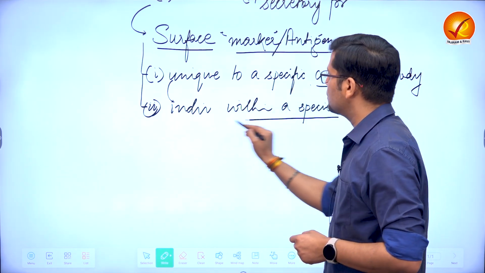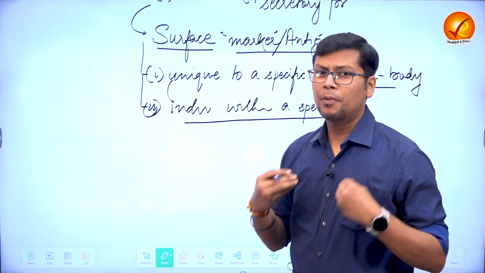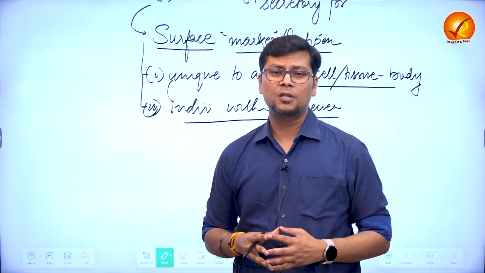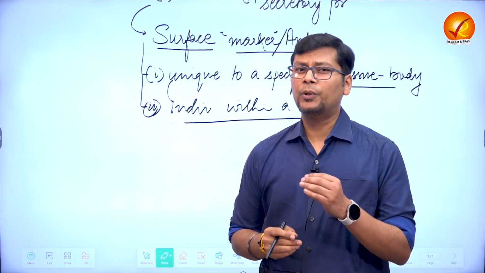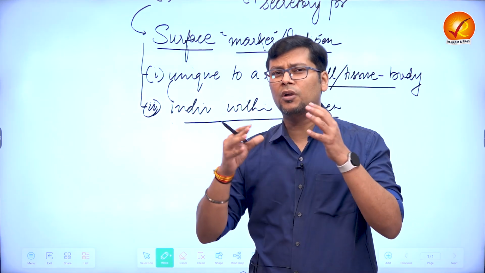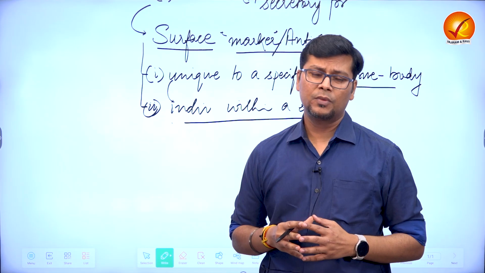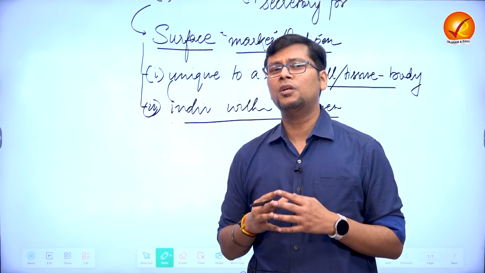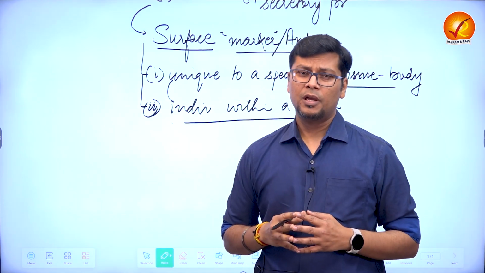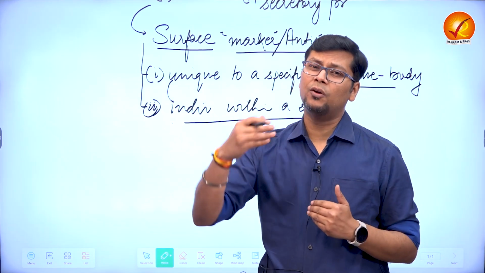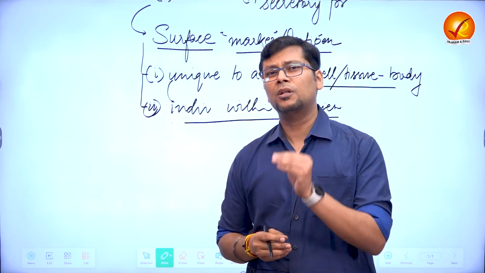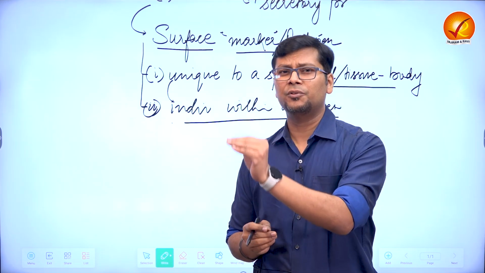People, what it means? If me as a member of Homo sapiens species have a particular protein present in all my cells, that protein would be unique to my body, and everyone else will have their own unique surface protein specific to that individual person.